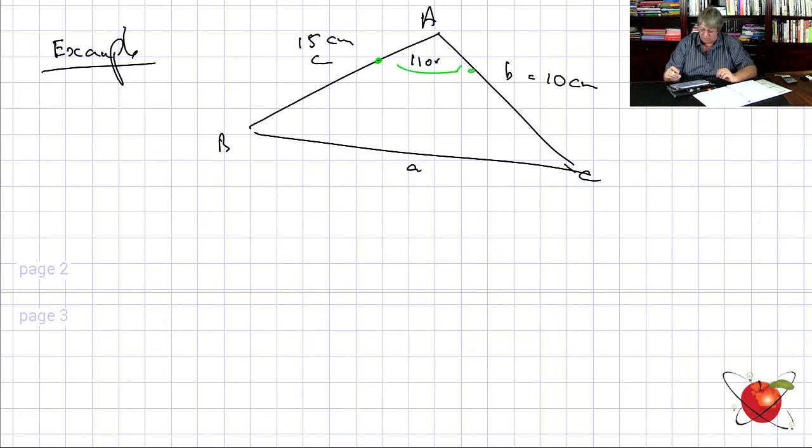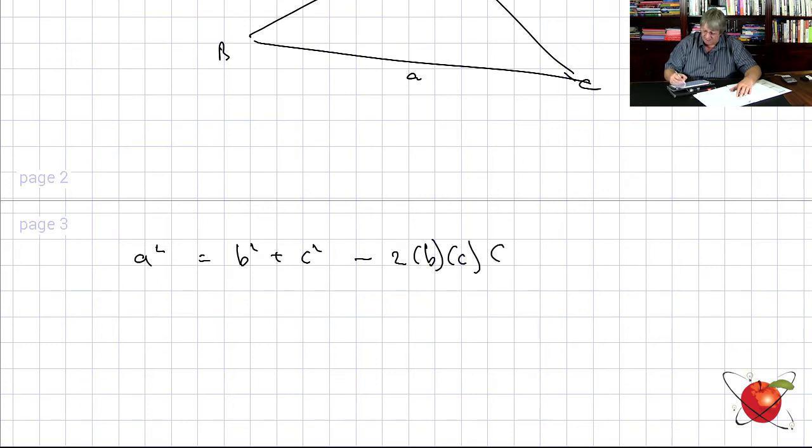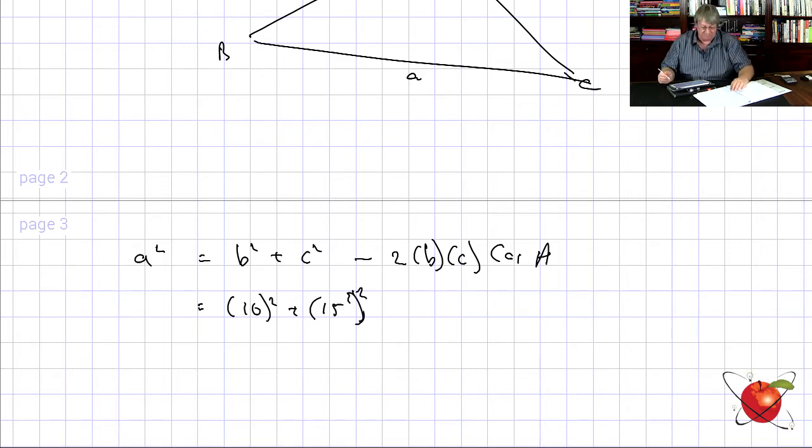That means cosine rule. So I write down the cosine rule, and the cosine rule tells me that a squared must be equal to b squared plus c squared minus 2bc cos A, which is equal to 10 squared plus 15 squared minus 2 times 10 times 15 times cos of 110 degrees.